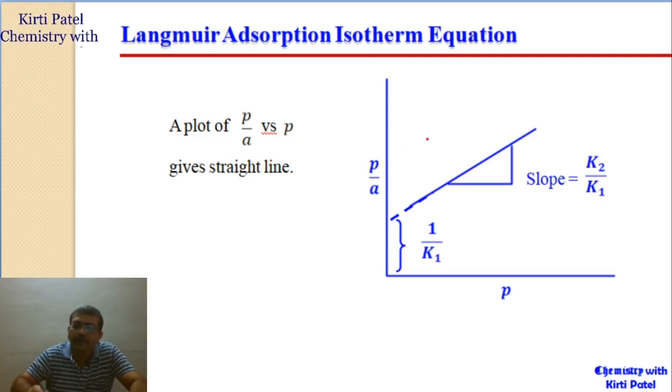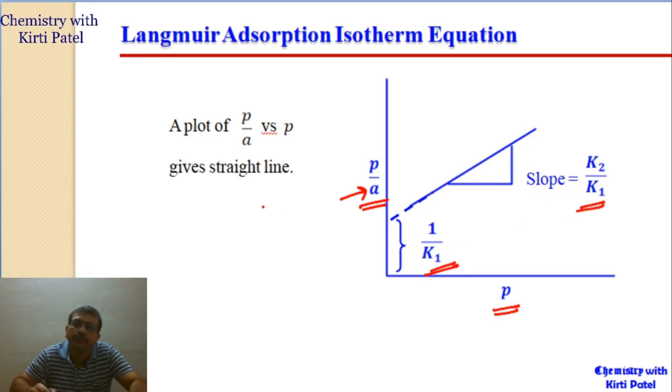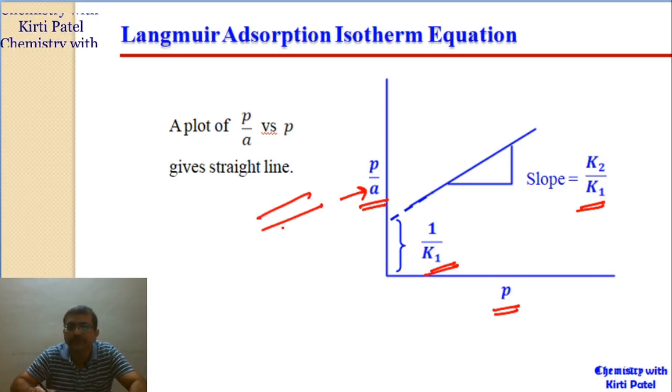So when we plot a graph of P upon A versus P, where A is the amount of gas adsorbed at pressure P, we will have a straight line where the intercept on the y-axis will be 1 upon K1 and the slope will be equal to K2 upon K1, where K1 and K2 are constants. So this will be giving us the straight line.